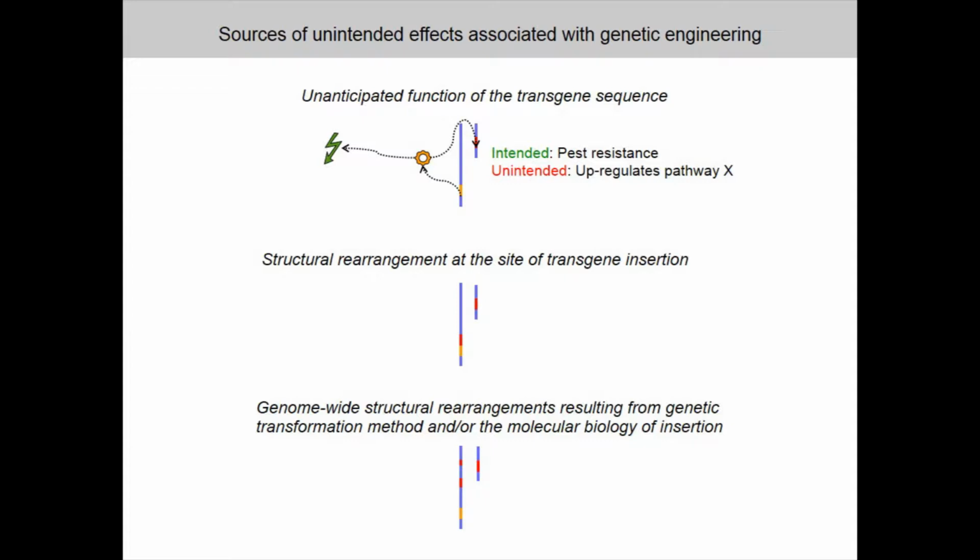So our transgene sequence creates a protein that has the intended effect, which is pest resistance or what have you, but it also may have an unintended effect, such as upregulating pathway X, as exhibited by this red gene here.